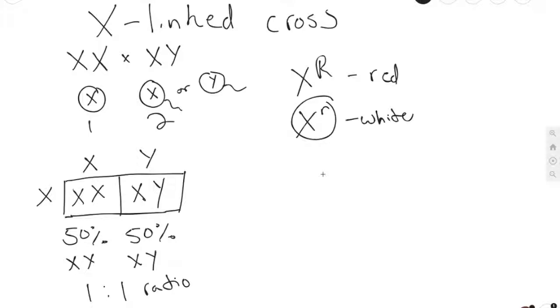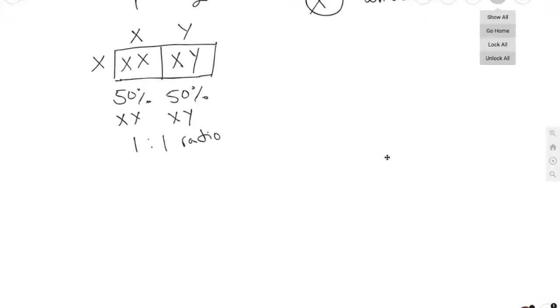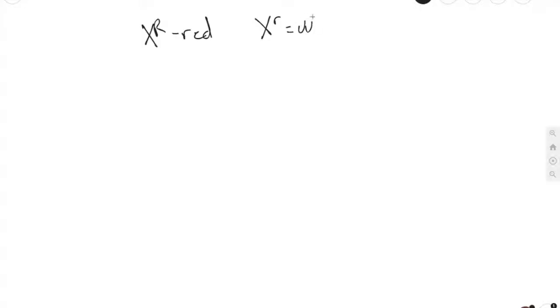So when Thomas Hunt Morgan did this, he did a monohybrid cross. Let's move over here a little bit. Right, so here are our alleles. Big X^R is red. X^r stands for white.